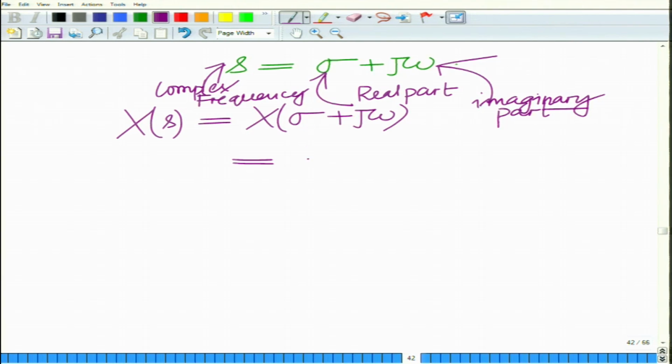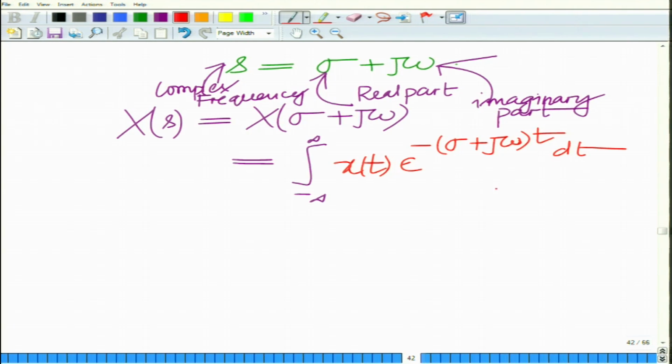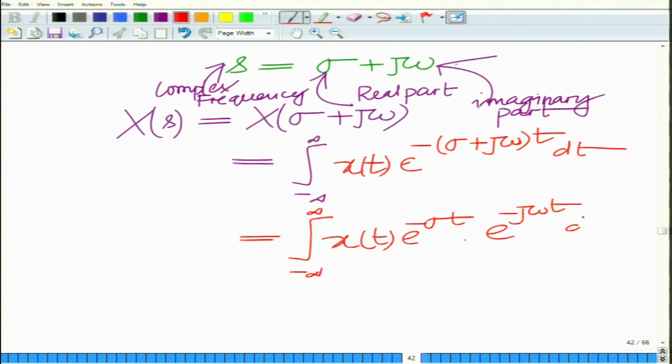So this is X of sigma plus j omega, which is the integral from minus infinity to infinity of x(t) e raised to minus s t, that is e raised to minus sigma plus j omega times t dt, which is nothing but the integral of x(t) e raised to minus sigma t e raised to minus j omega t dt.